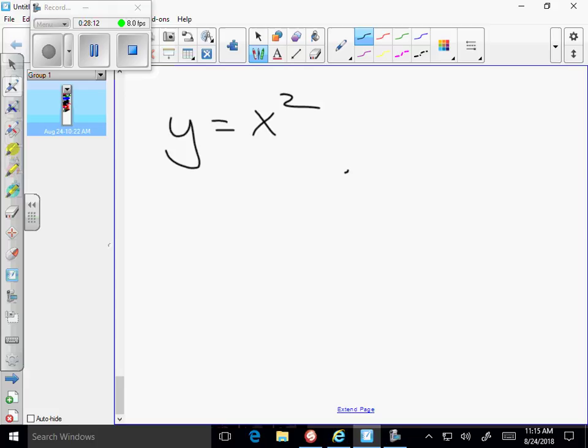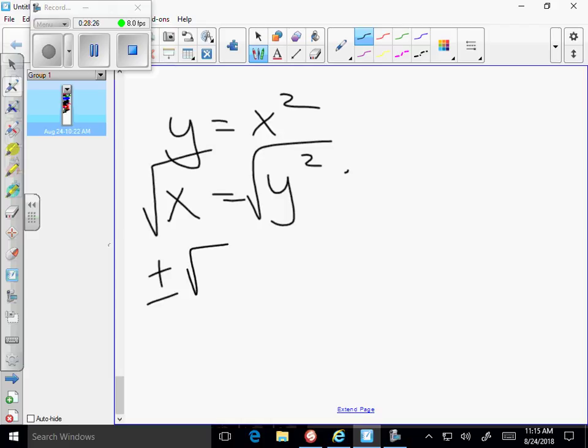Eden, what was I supposed to do algebraically to make an inverse? And then don't forget the plus or minus. Was I able to follow our process for making an inverse? Yes, but guess what? This doesn't exist.